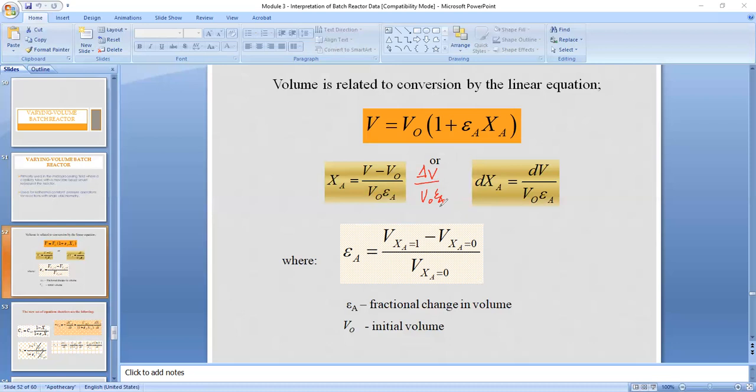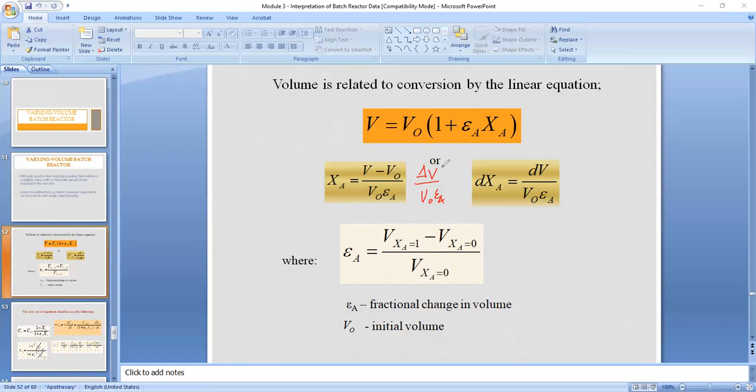For example, there is a 50% decrease in the volume. So we say that this one would be negative 0.5 V sub O, so the V sub O will just cancel out.